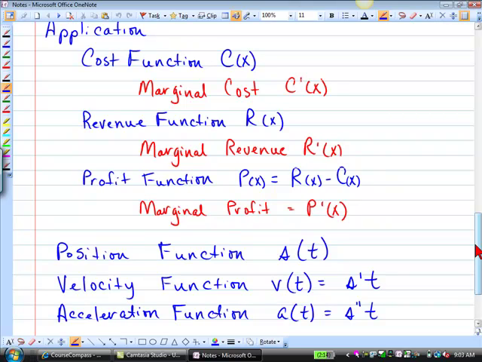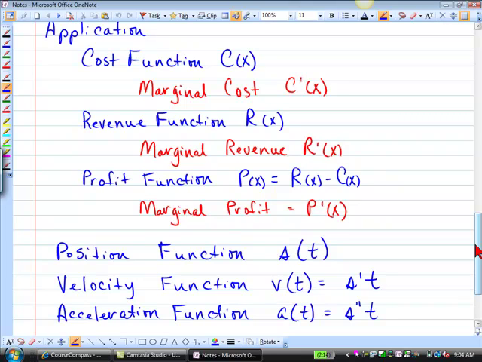That would be C prime of x. If you have a revenue function, marginal revenue is the derivative, R prime. And the same thing with profit. And I wrote in there that profit was revenue minus cost.